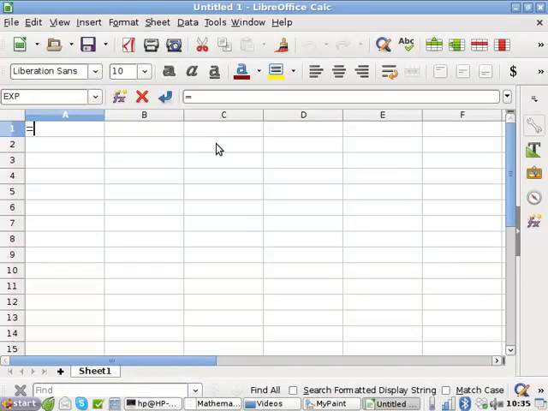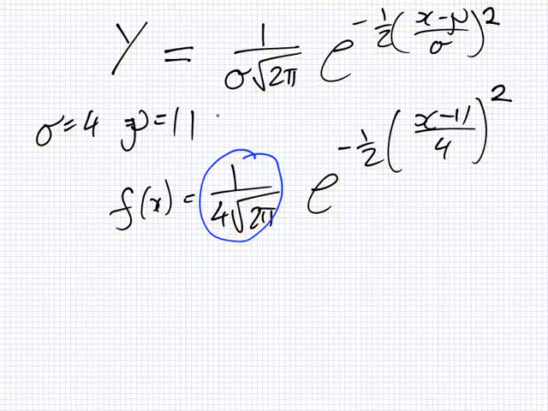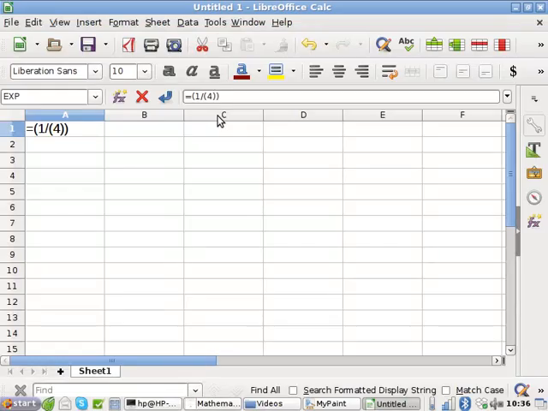So that's equal to brackets 1 over bracket, bracket, bracket. And then in these brackets I'll put in the 4 times square root 2 times pi.